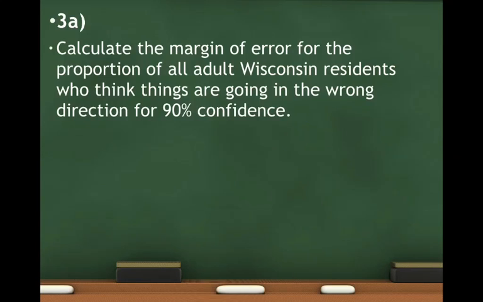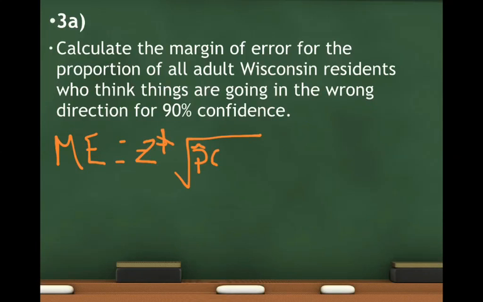What we want to do first is calculate the margin of error for 90% confidence for the proportion of all the adults in Wisconsin who think things are going in the wrong direction in the country. Remember, when we look at margin of error, what you have is your critical value, z star, times your standard error for your p hat.